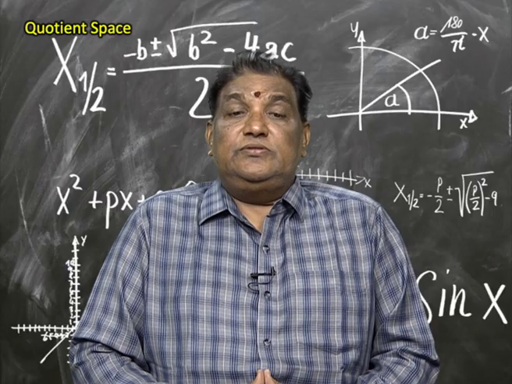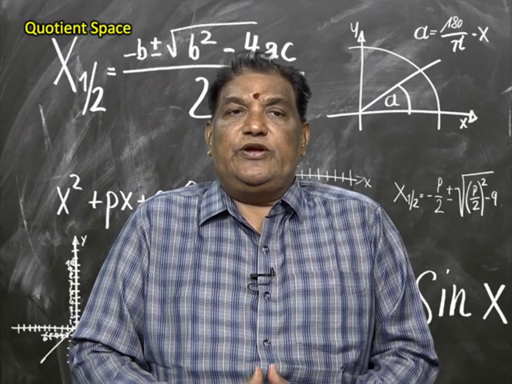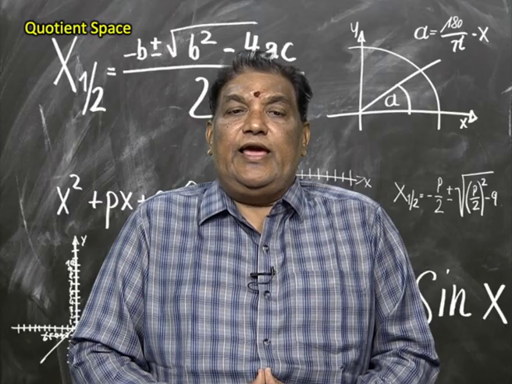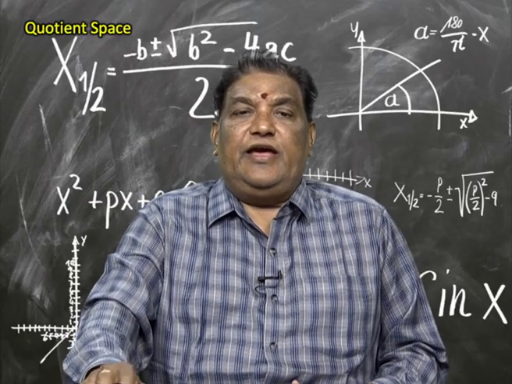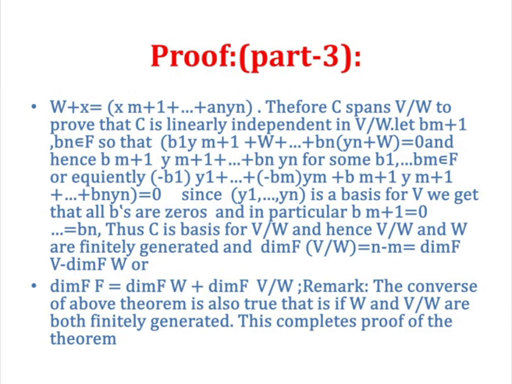Let x + W belong to V/W, then x equals a1 y1 + a2 y2 + a3 y3 + ... + an yn, and hence x + W equals a(m+1) y(m+1) + W + ... + an yn + W. Therefore, C spans V/W.